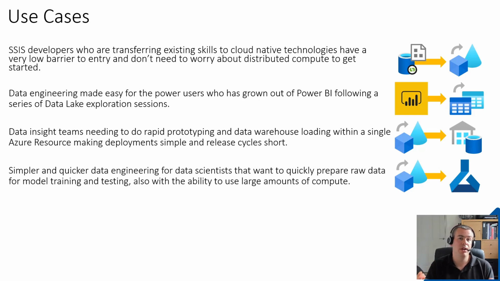I've said to them, well, try this out as a tool, mapping data flows, very quick, click, click, that rapid sort of delivery that we had in use case number 3. But now get your raw data in a state whereby you can use it to train your model or do whatever prediction you need to do. So don't spend time in that preparation. So that's my use case number 4 of where I see data flows working for us in Azure.